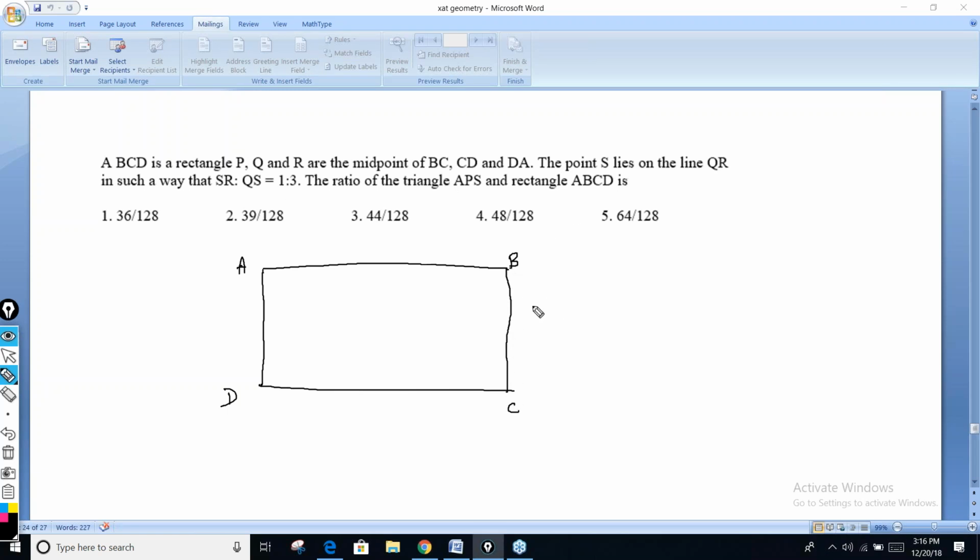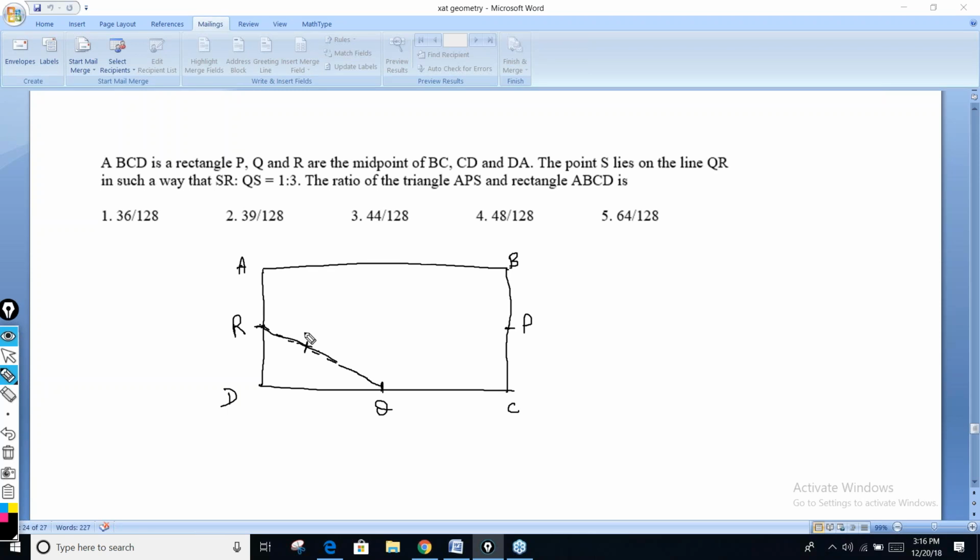The point S lies on the QR. There is a line QR, S lies here.